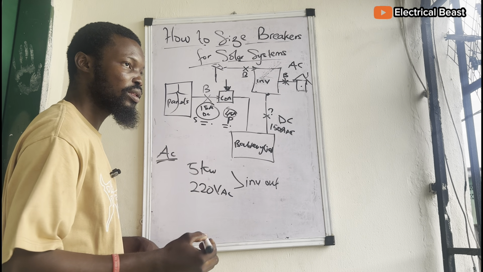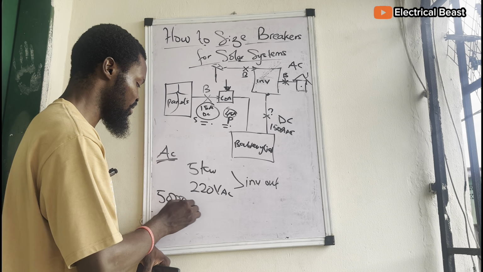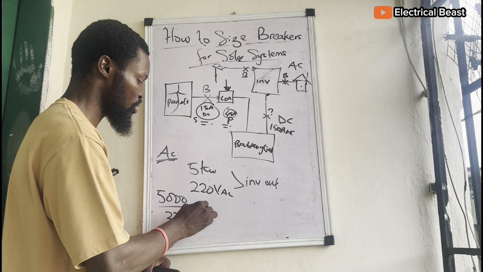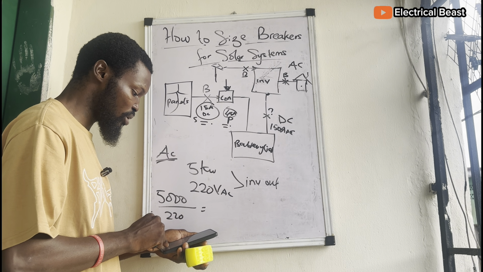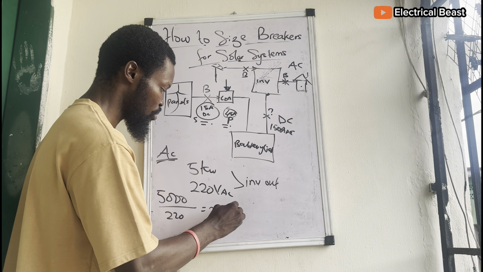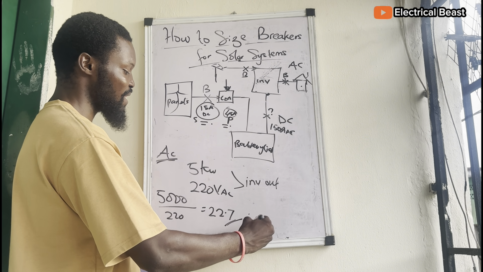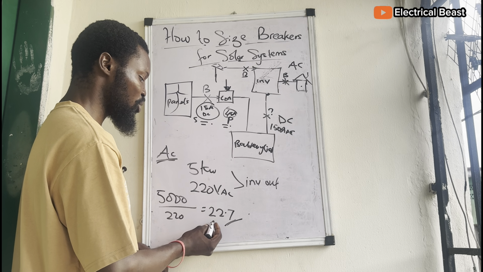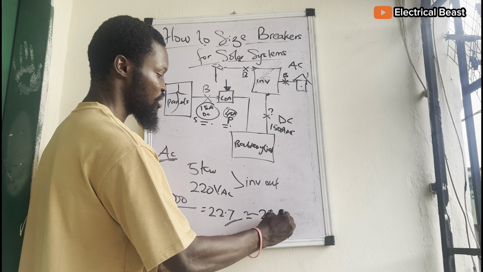So with this, you can calculate the current. All you need to do is divide 5,000 by 220 to get the maximum current. So 5,000 by 220, you have 22.7. So you're going to size the breaker slightly above 22.7. So let's just say 25 amps.